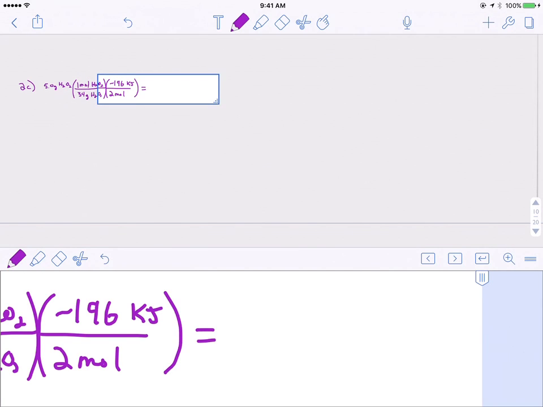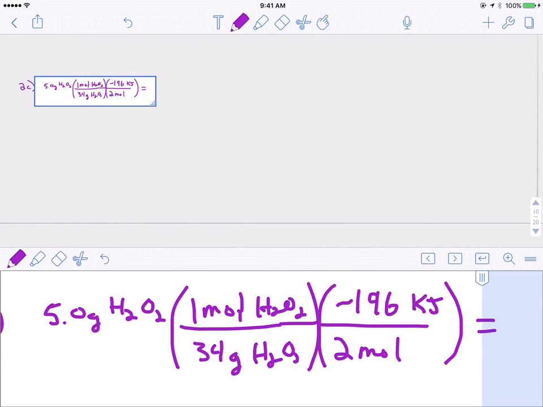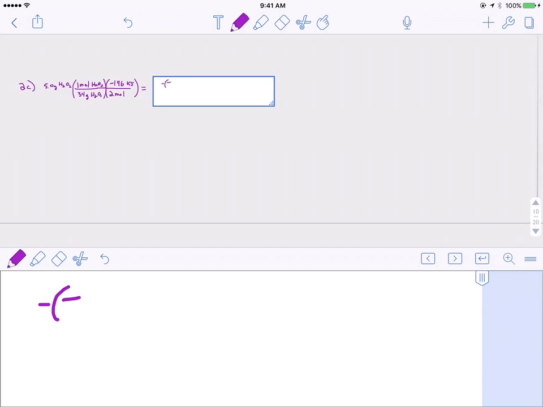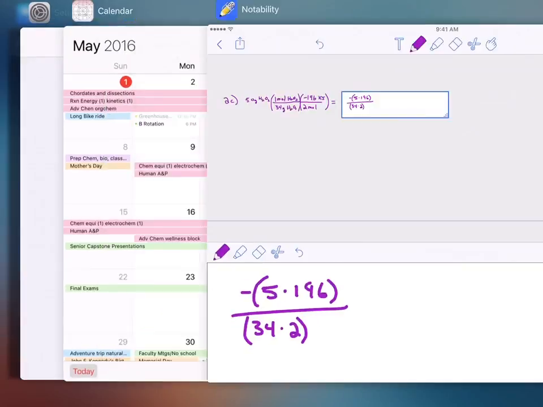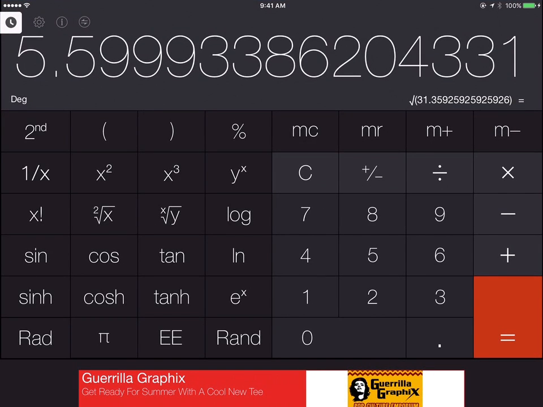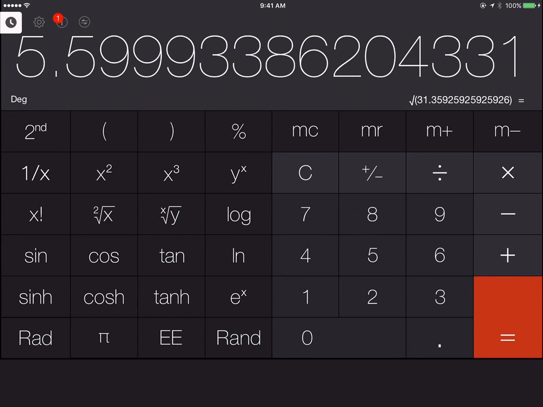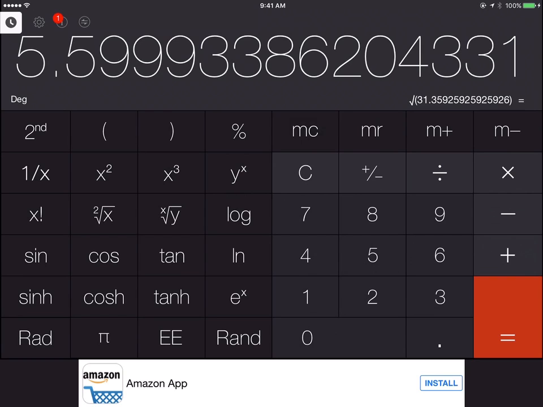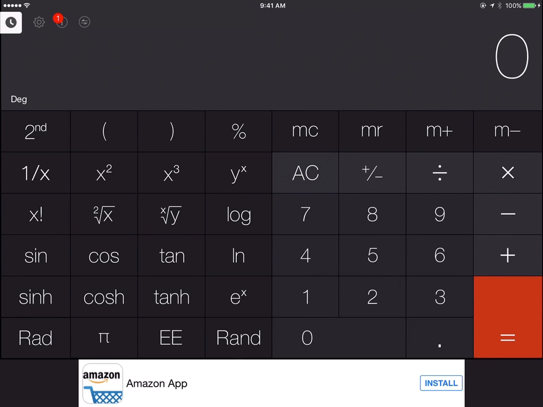Cool. And this will tell us, so we'll do some quick math. We have 5 times negative 196 divided by 34 times 2. Alright, so negative 5 times 196 divided by 34 times 2. Alright.